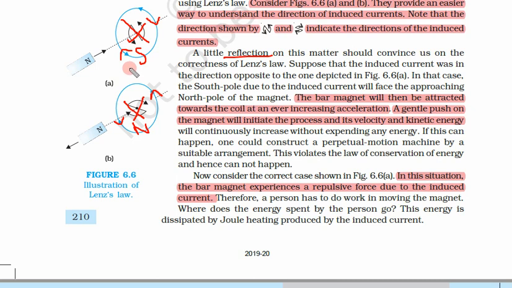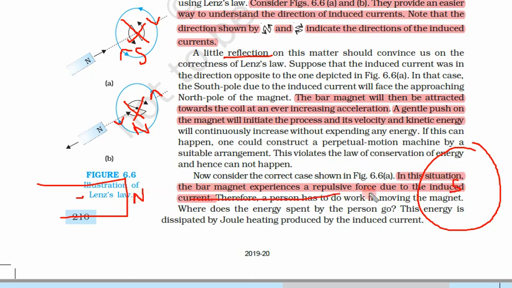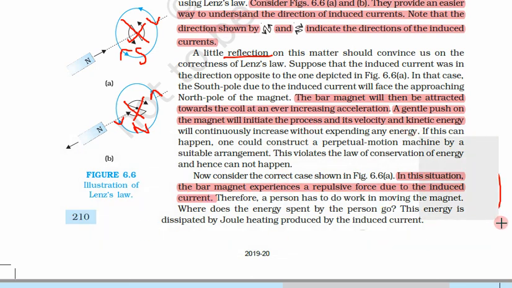Further it comes close, further the acceleration will increase. So a gentle push. Suppose we have a coil here and a magnet very far. Even if we push a little bit, it will keep on attracting. A little bit, then the speed will increase, then further increase, then further increase. So a little push towards this south side will just throw it into this coil.